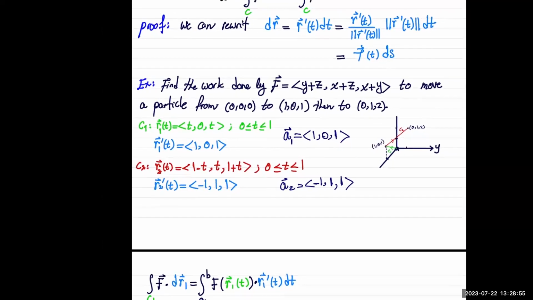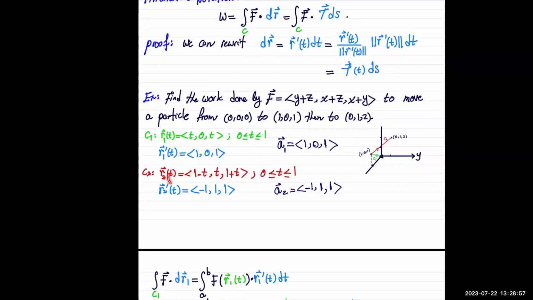So now we are ready to come up with the vector function for C2. And again, you always take the initial point's coordinates plus the components of the direction vector times t. So let's do it. We have 1 plus -1 times t. There you go, 1 minus t.